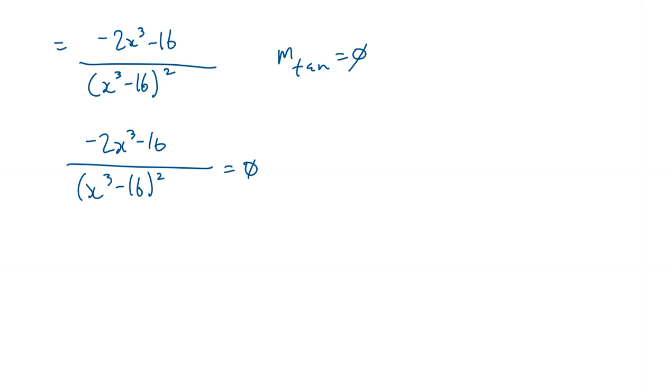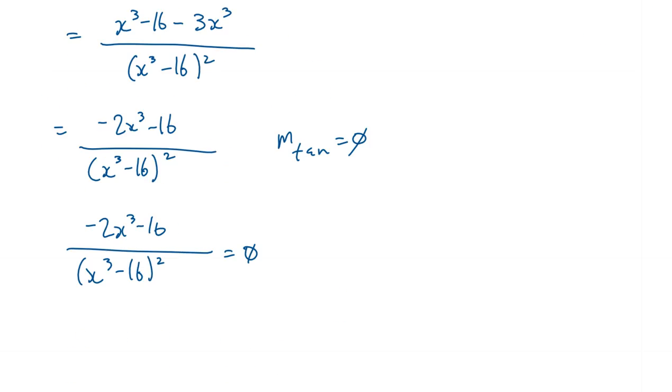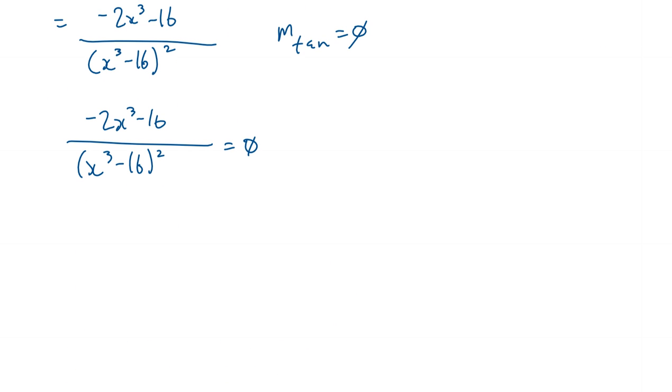What happens when the bottom is 0? Vertical asymptote, right? Vertical asymptote of this, not of that. People start to get confused about what they're doing work on, the derivative, and what are the properties of the derivative versus what are the properties of the function, right? We're probably not there yet, but so negative 2x cubed minus 16 equals 0.